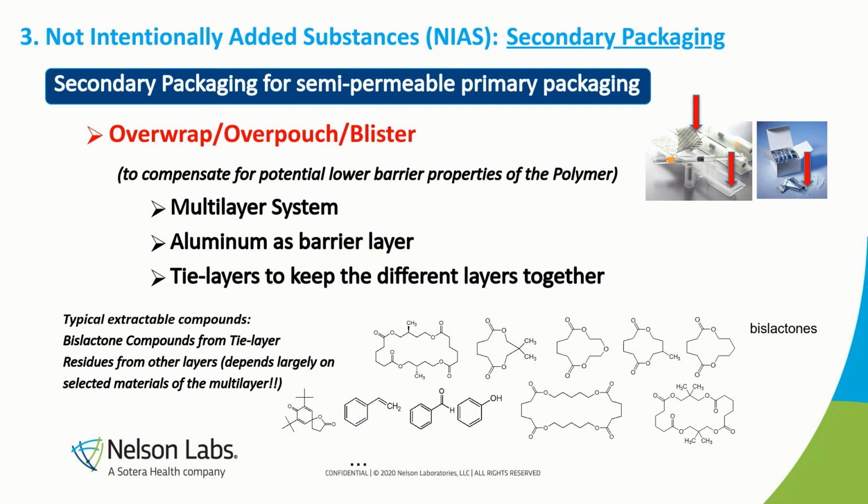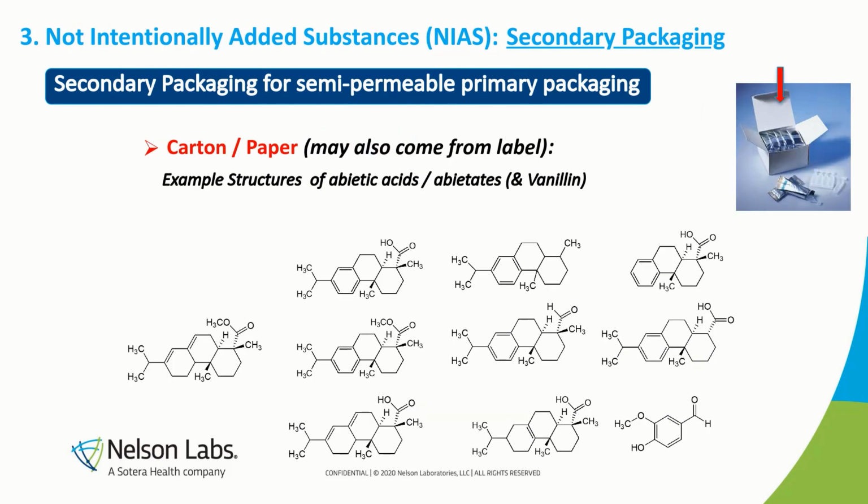And it is those tie layers that keep all these different layers together, which are based, in most cases, on a polyurethane type of glue. And they will give rise to bislactones that will be evaporated. Typically, the volatile and semi-volatile compounds will be evaporated to the inside of the blister or the overwrap and may diffuse through the semi-permeable packaging into the drug product.